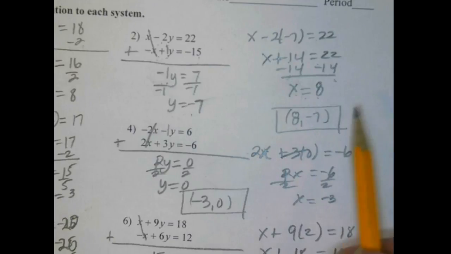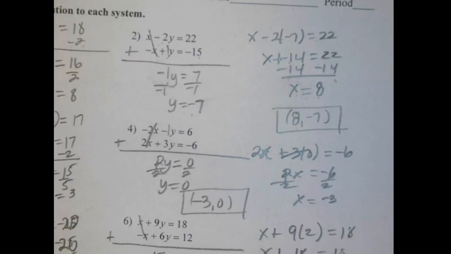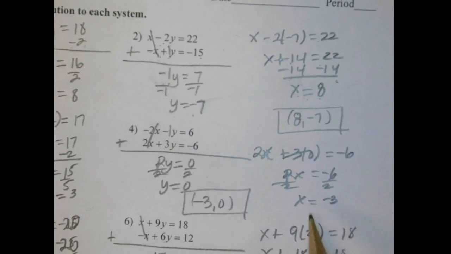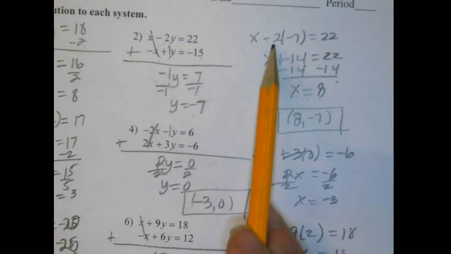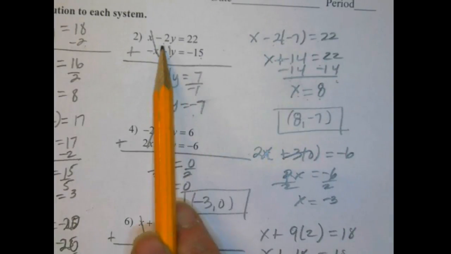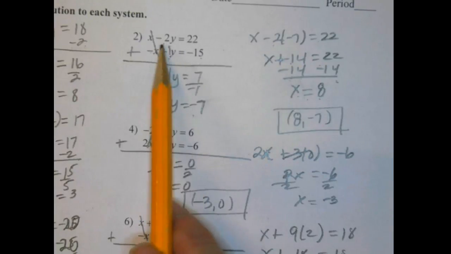How did you guys get confused with number 2? Isaiah first and then Andrew. Why did I have this negative 2? Because it's part of my original equation. I can't change my equation. I'm not changing my 2.